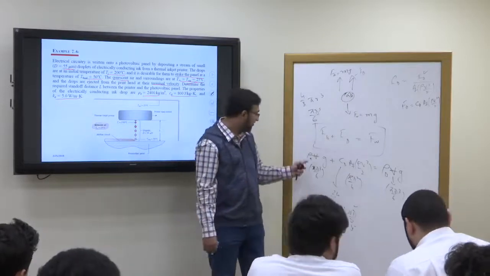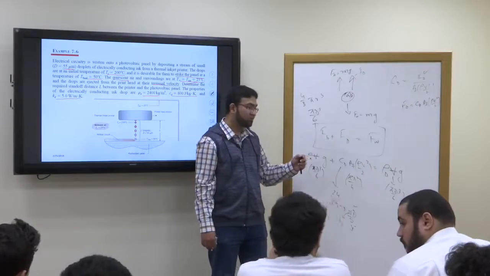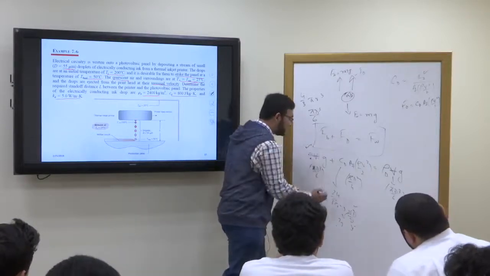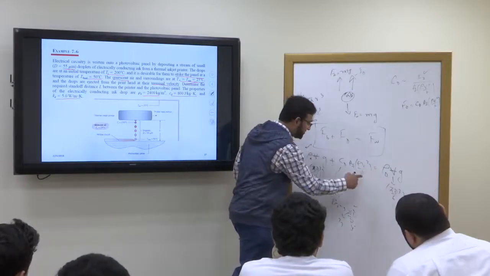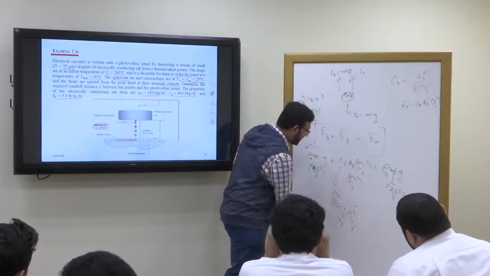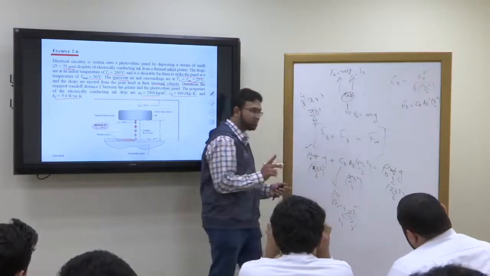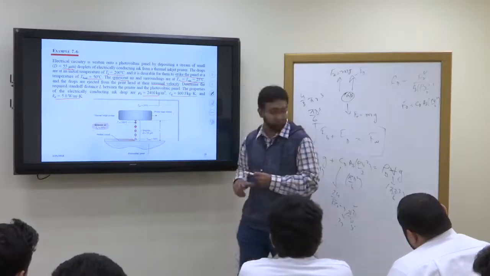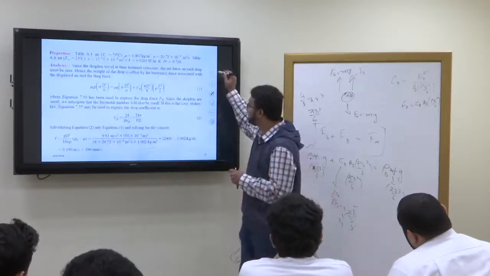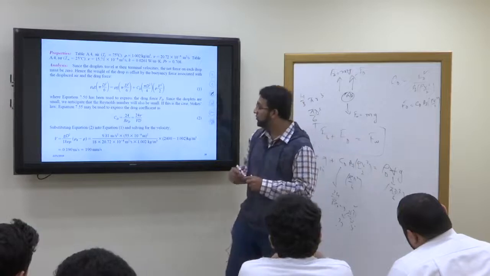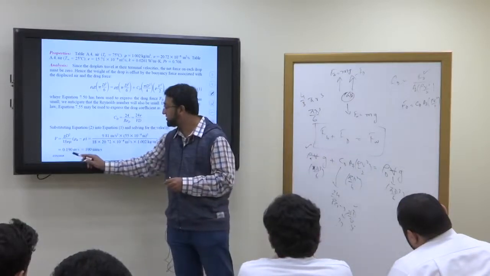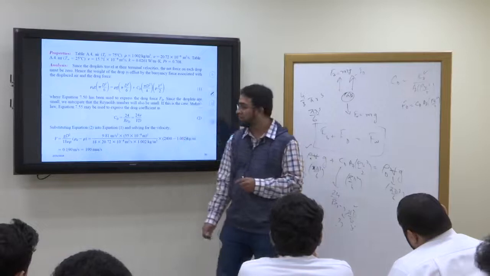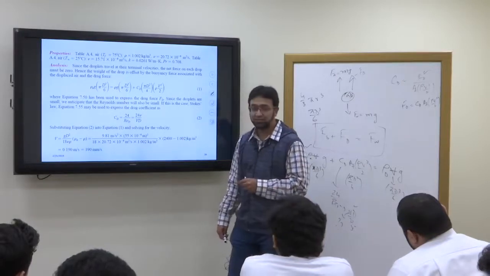Now we know all the parameters here. This density is for air, this is for the droplet, this mu is for air, and g is the gravity. We can find out the velocity. So the velocity comes out to be 190 millimeter per second or 0.19 meter per second.